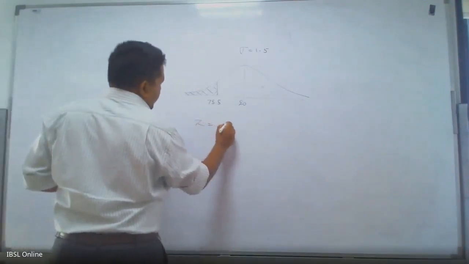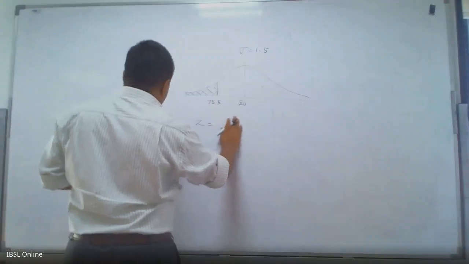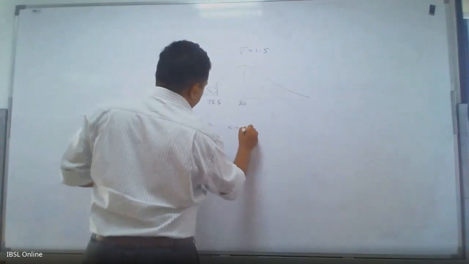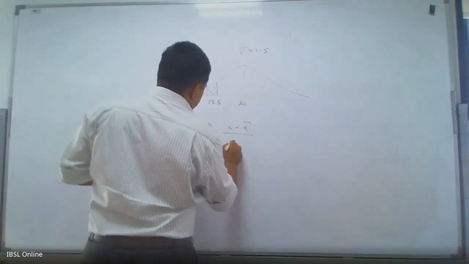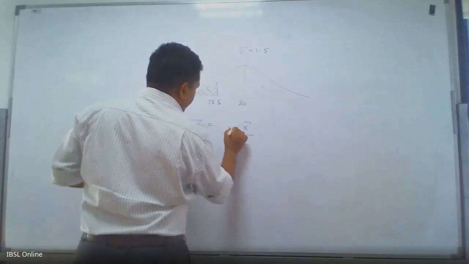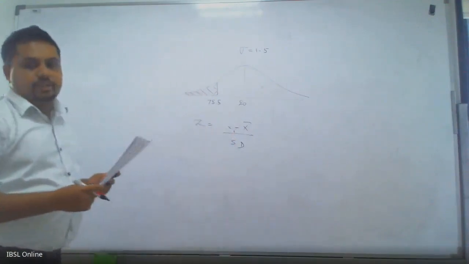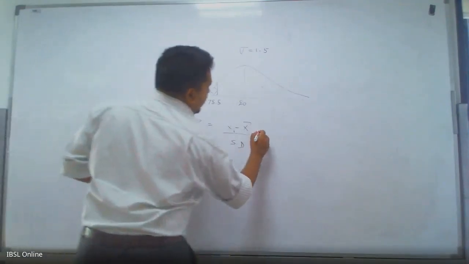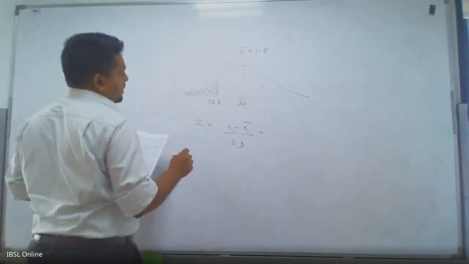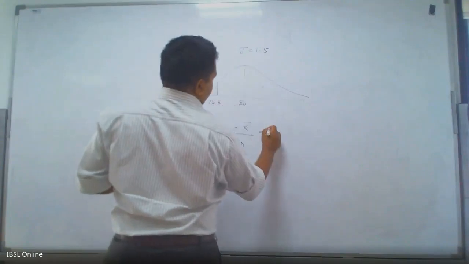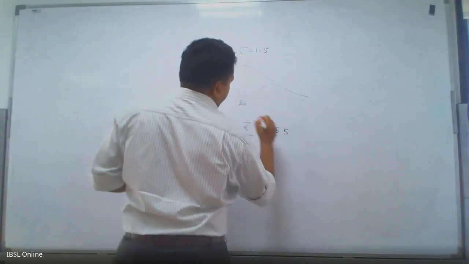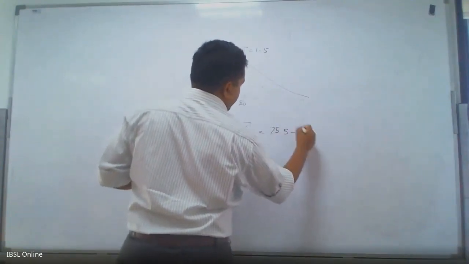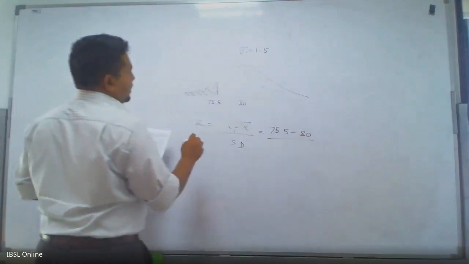So we can use the same Z computation, if you could recall, x minus x bar divided by the standard deviation is the equation that we're going to use. So by applying the individual values in this circumstance, you have 75.5 here minus 80, the mean for the set yogurt machine.